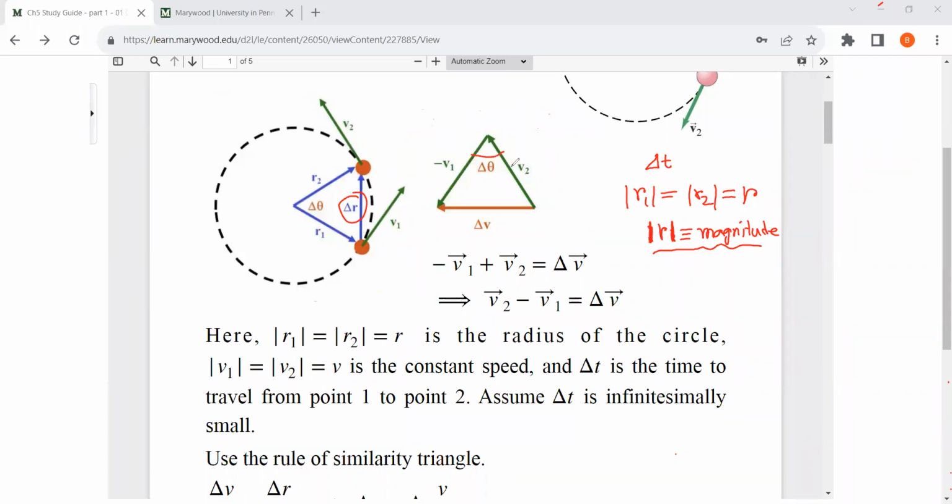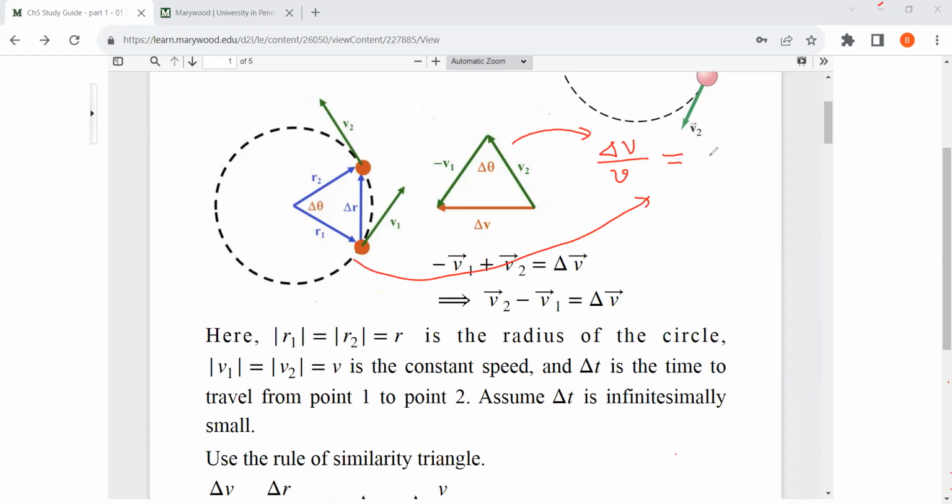Okay, now you see that this triangle and this triangle look like similar triangles. Because they're similar triangles, we can use the similarity of these two triangles to write this equation. So delta v over one of the vector v, this is for this triangle, and for this triangle we can write delta r by r.